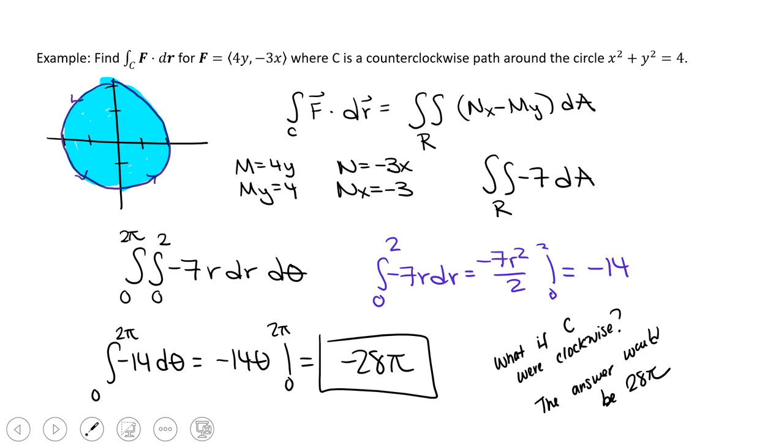That's just because if you take a line integral in one direction and compare it to the opposite direction, you'll always get the same answer but with opposite signs. And so that's true here as well. If this problem were a clockwise path, I could do it the exact same way, but then I would just change the sign of the answer, and the answer would be +28 pi.